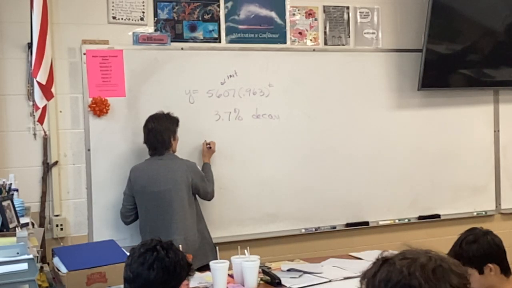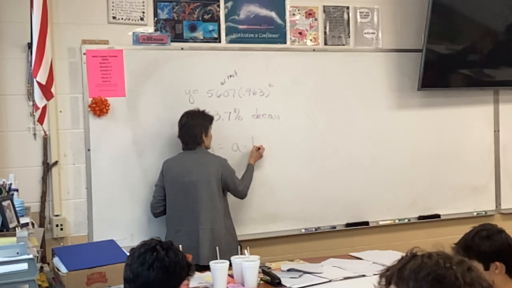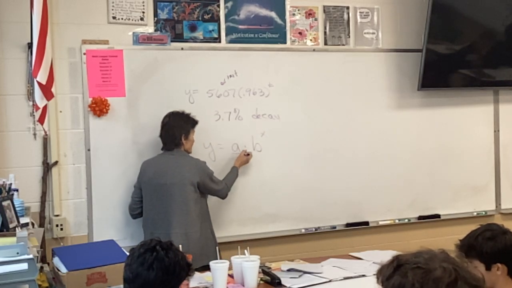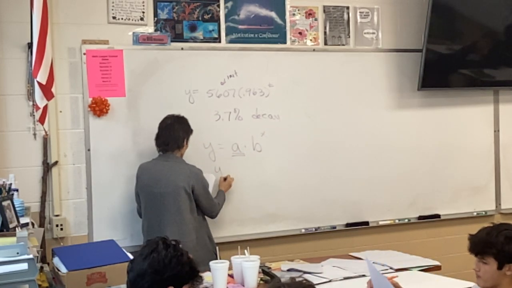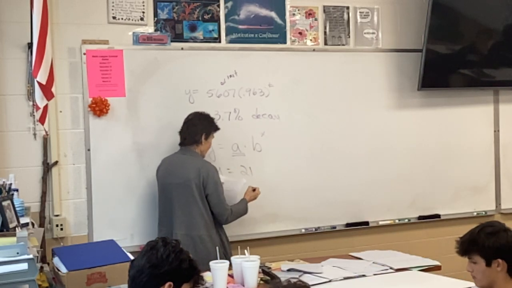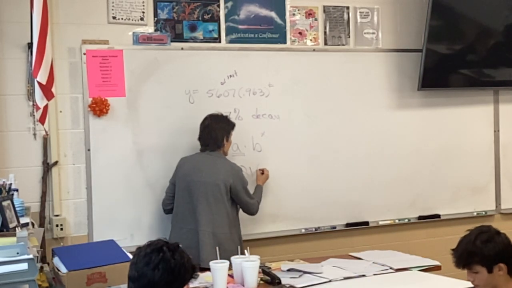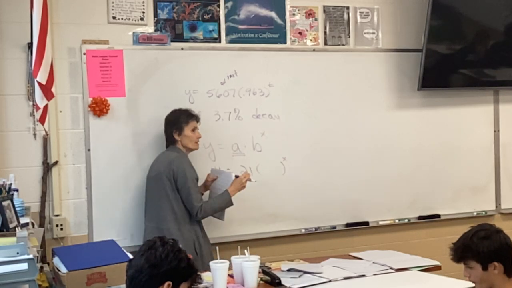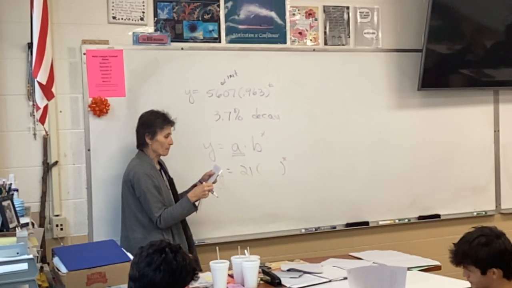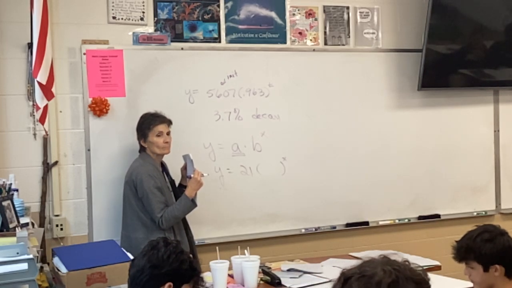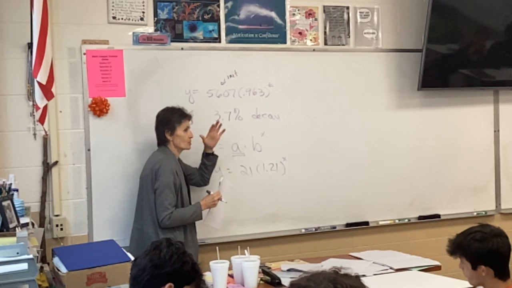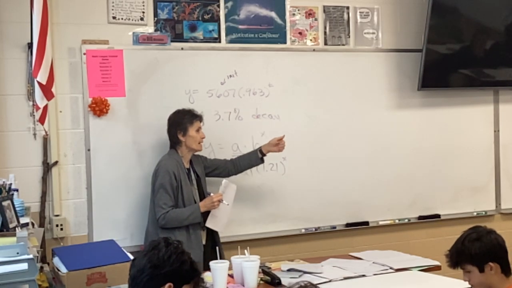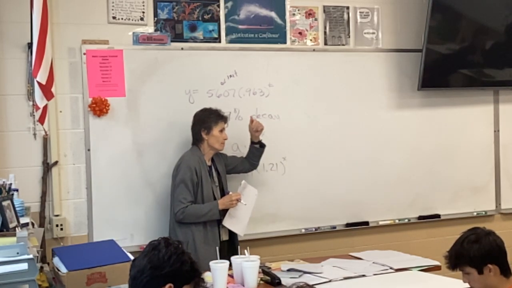So your format is going to be A times B to the X. This number right here is always your initial value. So for question A, it's going to be 21. And then what is going in the parentheses? 1.21, because it's 21% more than 1.